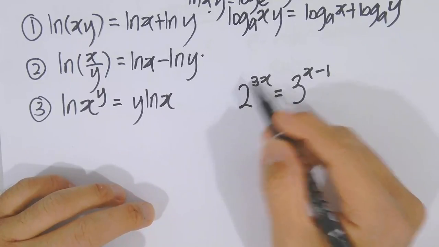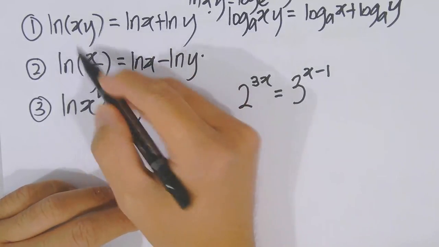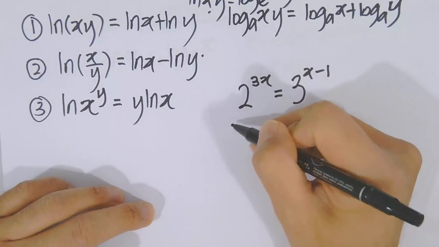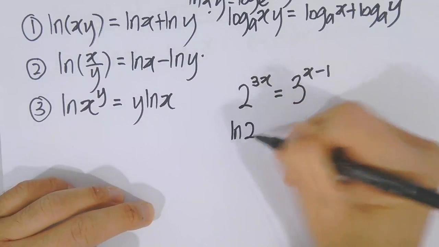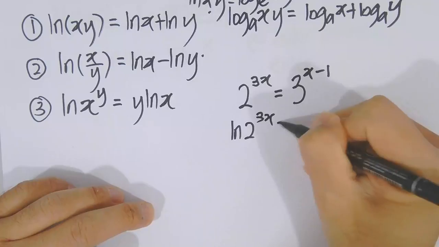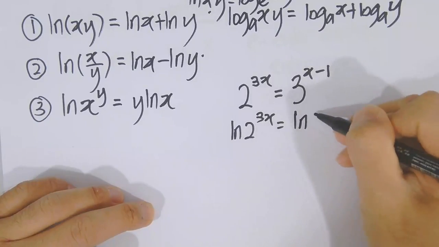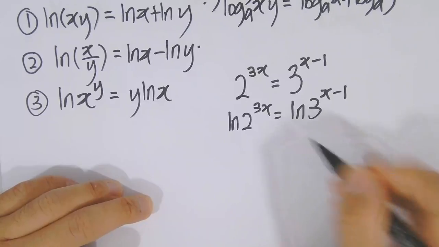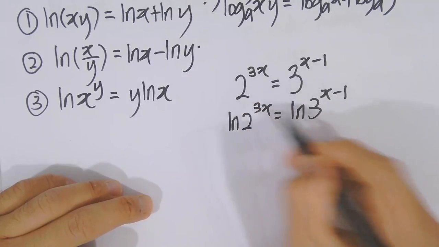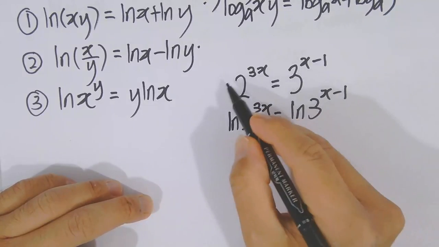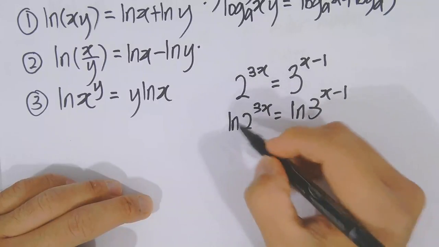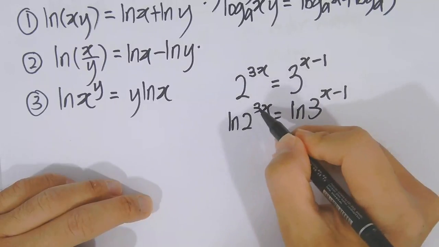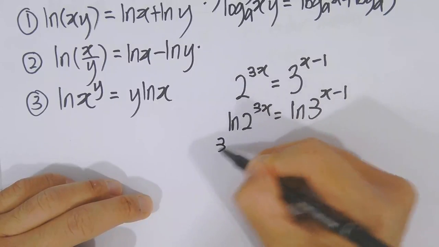Because you have already learned the concept of ln, we can put ln on both sides. It's another alternative for you. Ln on both sides is the same as putting log on both sides. And because this is a logarithm, you can bring down the 3x.